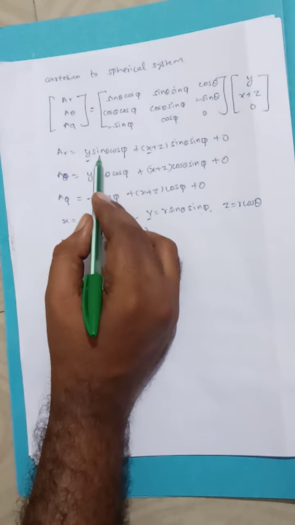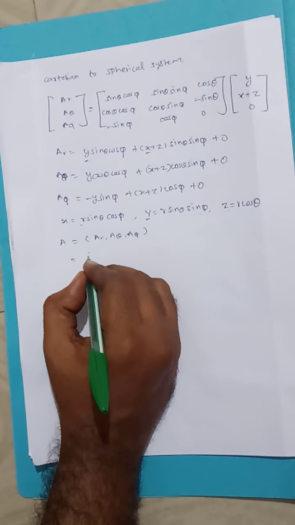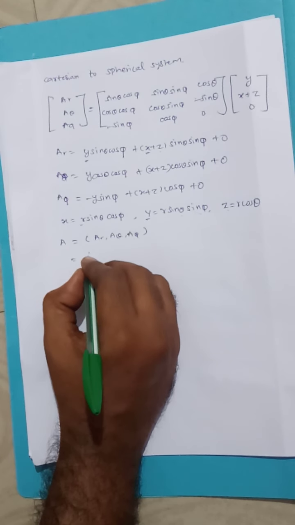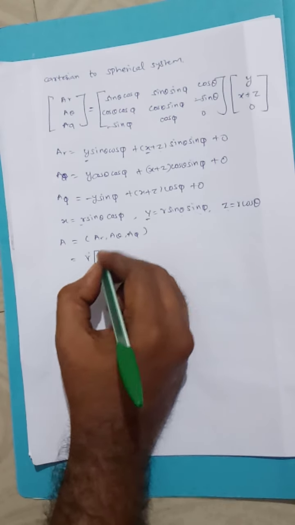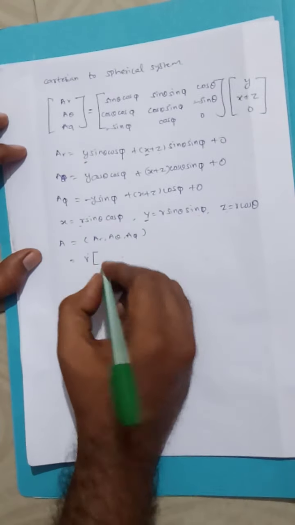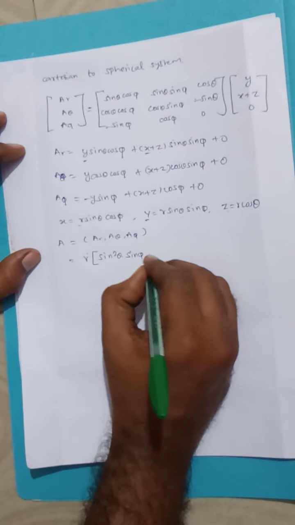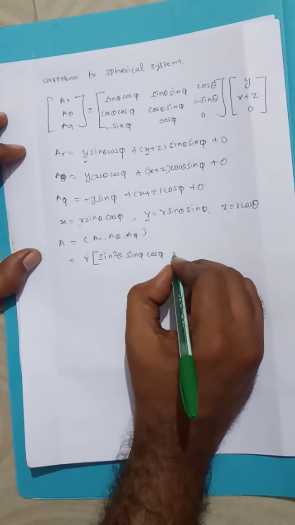Already one sin theta is there. I can take r common because I will be finding r everywhere, so let me take r outside. So remaining I will get sin into sin square theta. Here you have sin phi, here I have cos phi, so I'll get sin phi cos phi.